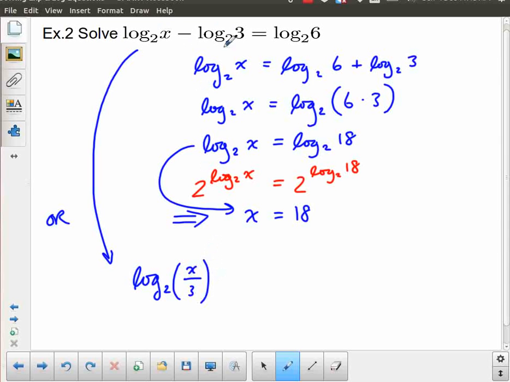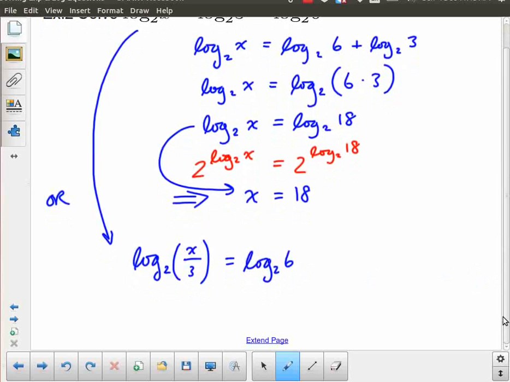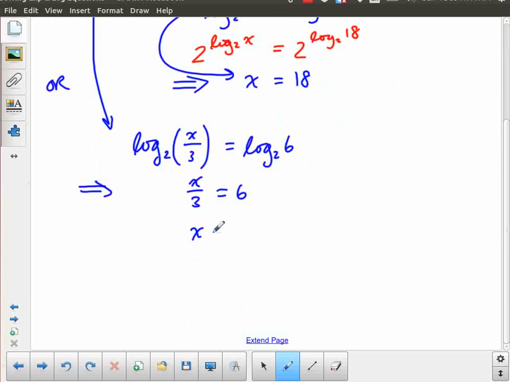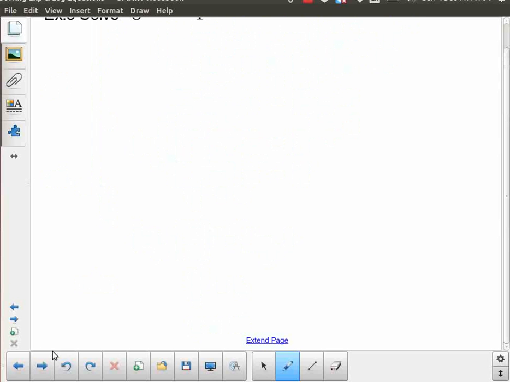A difference of logs is the same as the log of a quotient, is equal to log base 2 of 6. And that means these are the same, so that means x over 3 must be equal to 6. X must be equal to 18. And you can see we got the same answer in both locations.